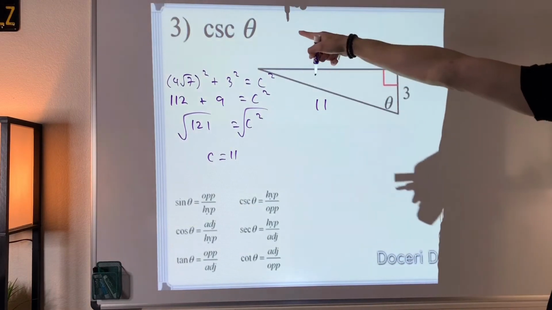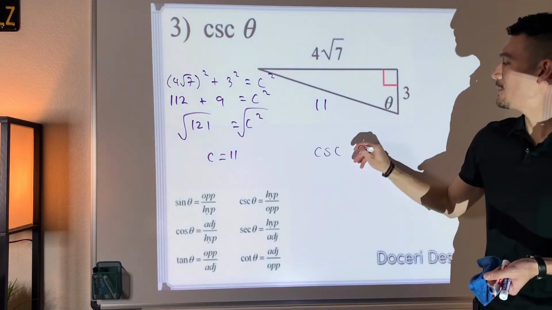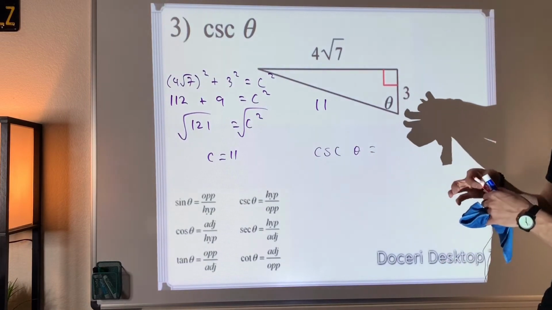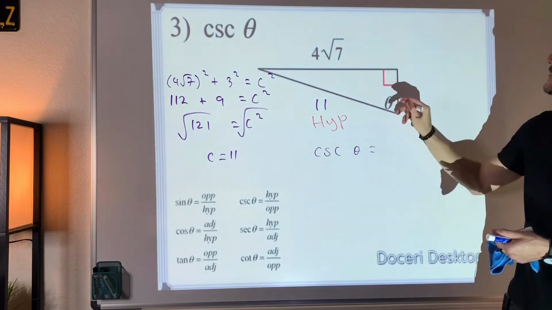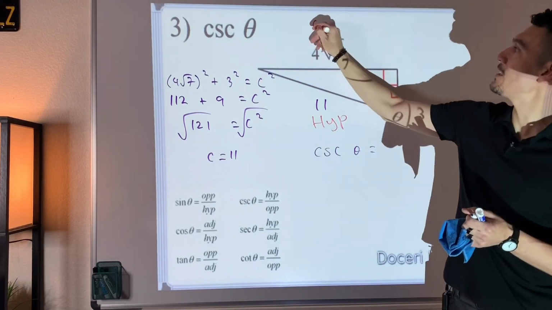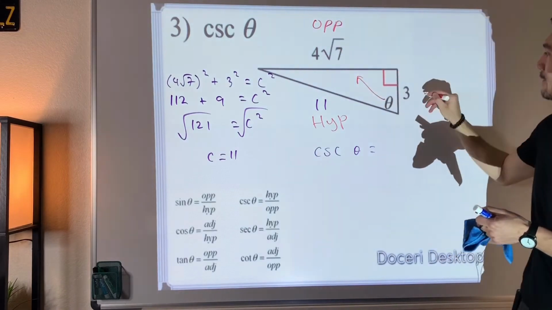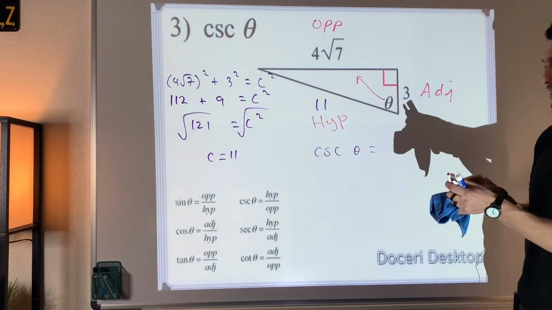Now what's the goal? The goal is cosecant theta. Cosecant theta equals, well, maybe I can label the sides before I forget. Hypotenuse. Theta is where you live. Across from your house is the opposite. Adjacent. Now, let's finish this.